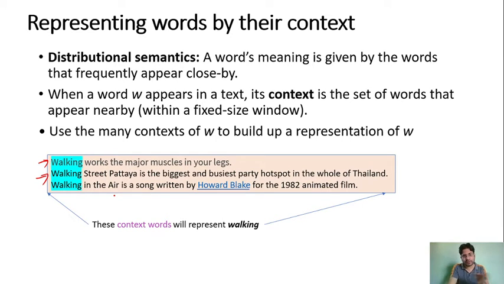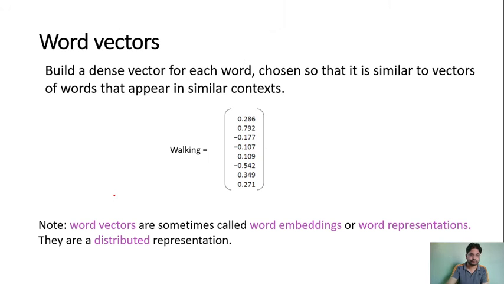That context comes from nearby words. So whenever you make a representation and take care of nearby or context words, your representation will also be fruitful. In that way, if we represent the word walking, it is more distributional instead of discrete.